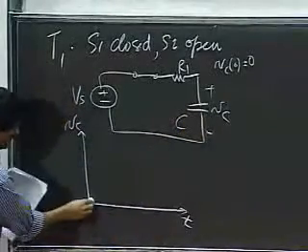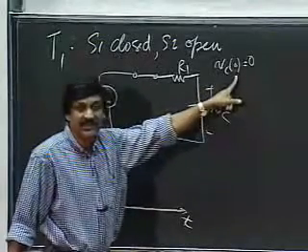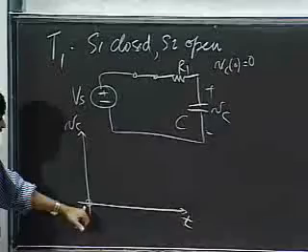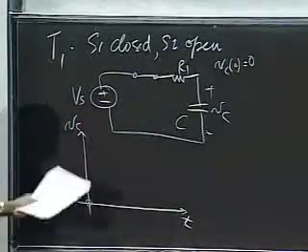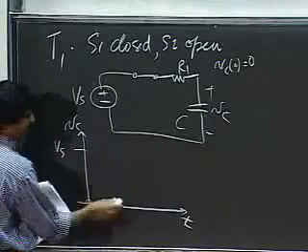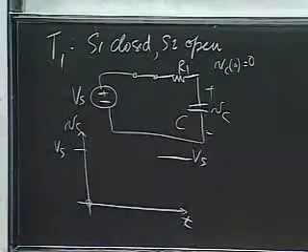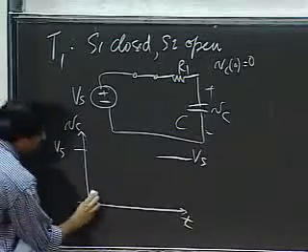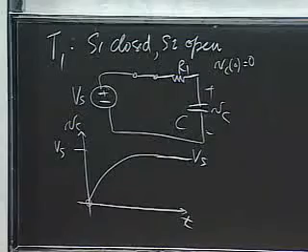At time t equal to 0, I'm telling you that the capacitor voltage is 0. Okay, so it's at 0. And then the capacitor charges up until it reaches Vs. Okay, so I also know that after a long time, that will be Vs. And between those two, I have a rising function that looks like this.